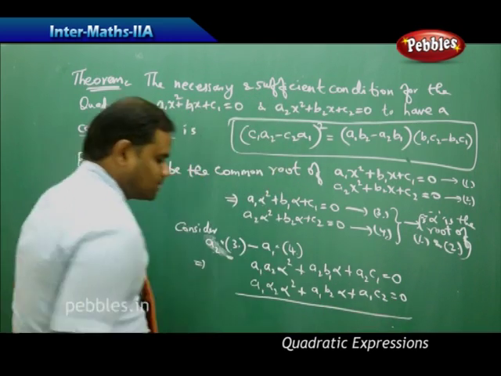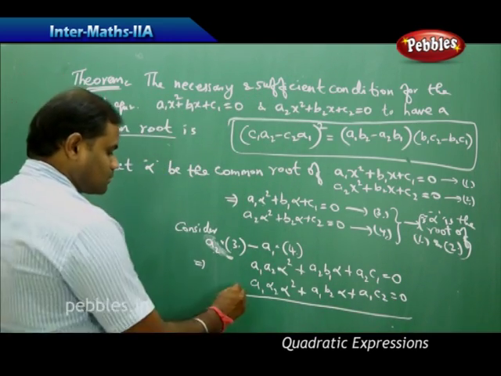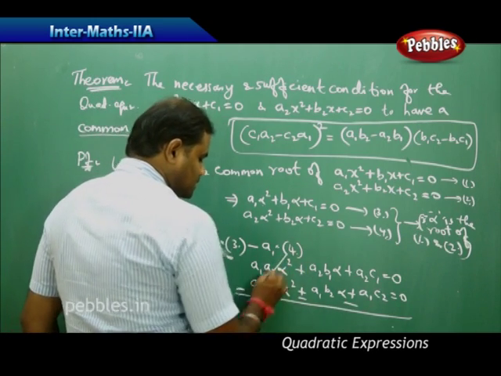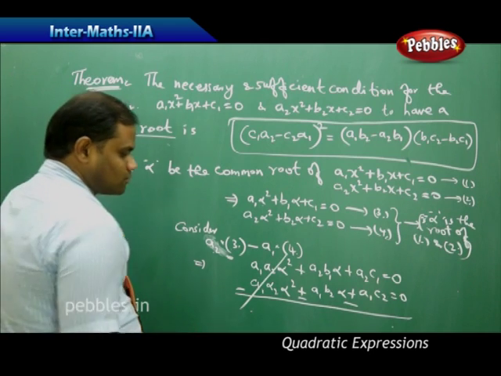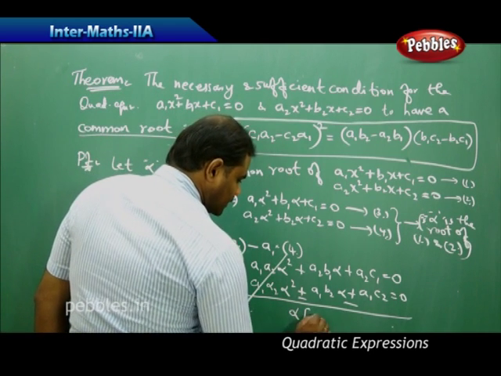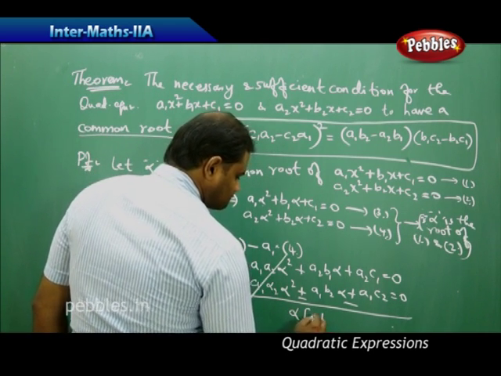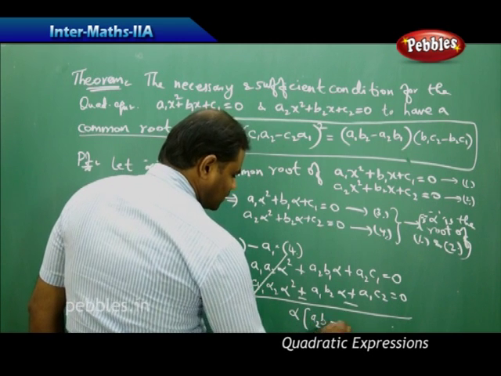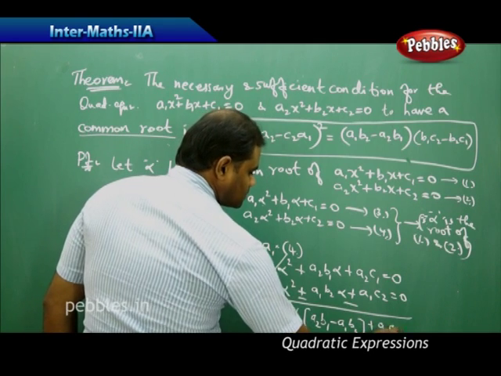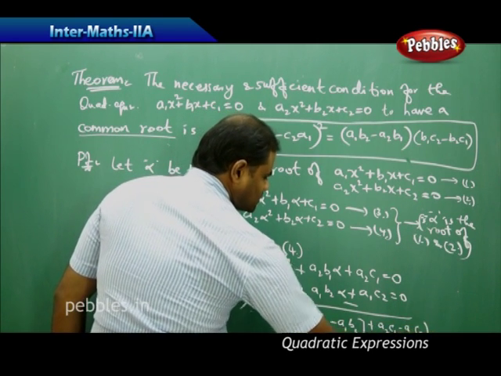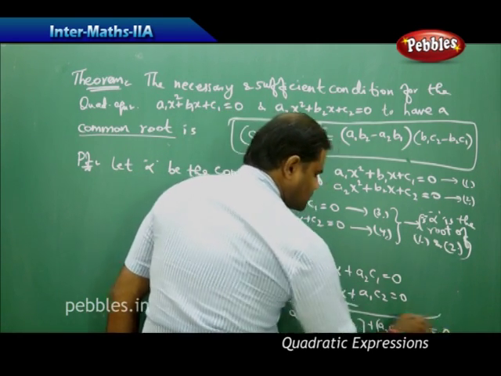And then I subtract these two equations. On subtraction, I get this cancelled because these two are the same terms. So finally, I take alpha common and I get alpha times a2 b1 minus a1 b2, plus a2 c1 minus a1 c2 equals 0.